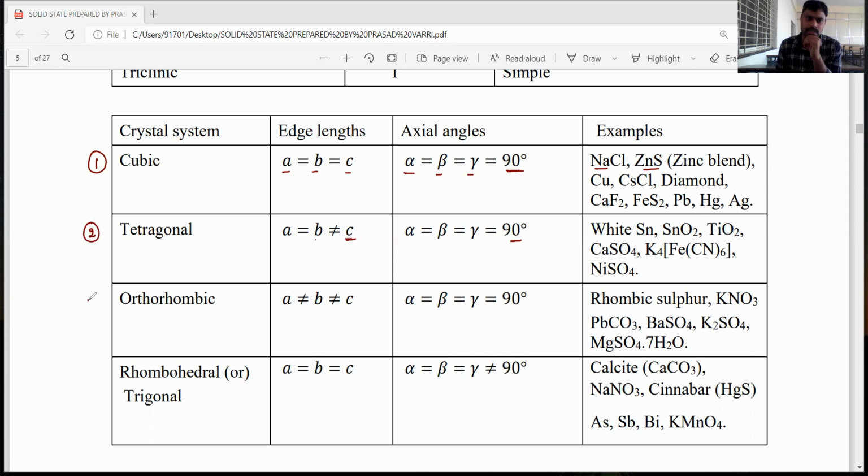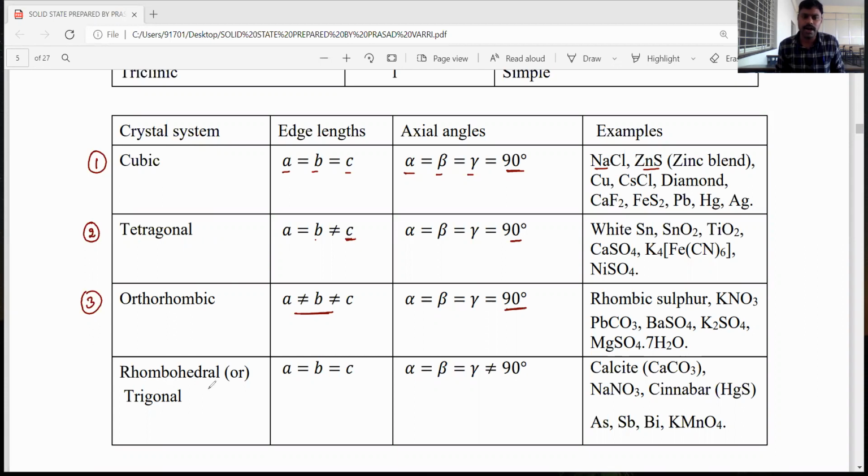And the third one is orthorhombic crystal system. Their edge lengths are all not equal, but axial angles are equal to 90 degrees, means they are all perpendicular with each other. And examples: rhombic sulfur, potassium nitrate, lead carbonate, barium sulfate, potassium sulfate, MgSO4 7H2O, magnesium sulfate heptahydrate. These are the examples for orthorhombic.